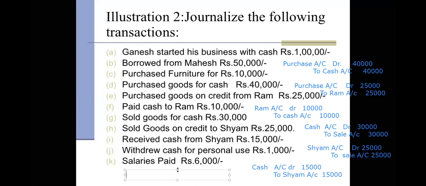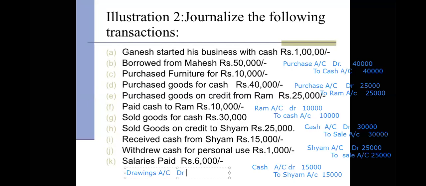Withdraw cash for personal use, rupees 1000. Now you tell me, जो personal use के लिए हम लोग amount withdraw करता है person, what we call it as? Drawings. Yes. तो drawings जो है, we will be writing in the debit side, drawing account, because ये हमारे expenses हो गए ना, expenses and losses of the business.